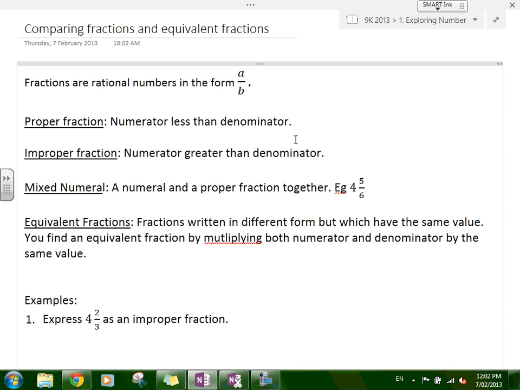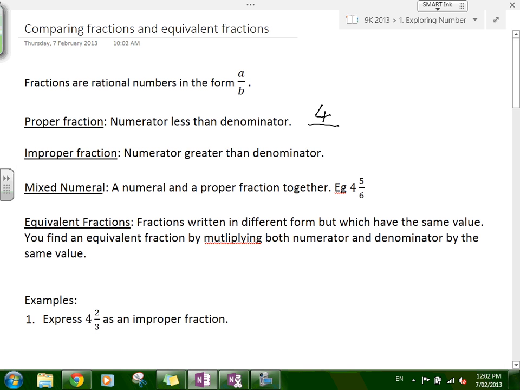For example, a proper fraction could be 4 over 5, or 10 over 11, or something like that. For an improper fraction, you could have 10 over 6, 8 over 4, or 100 over 87.